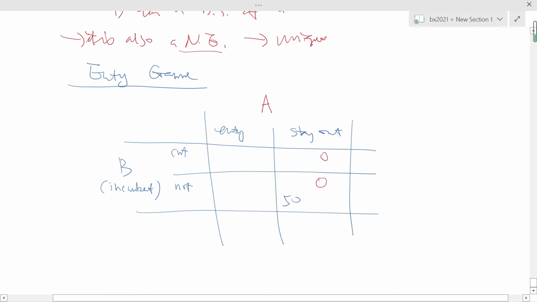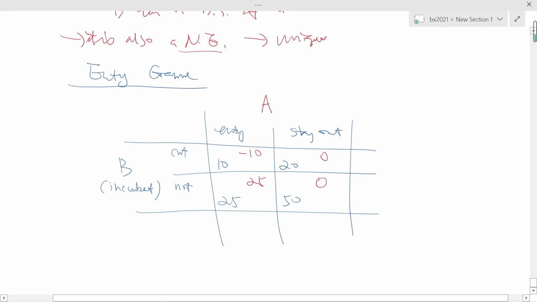If A stays out and B cuts price, the profit drops to 20. If A enters and B cuts price, there's strong competition, so the profit for B is 10, and in such a case A is going to make a loss. If A enters the market and B does not cut price, A can make 25 and B's profit is 25. They share the profit, suppose.